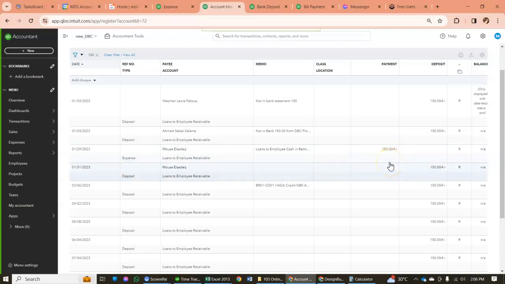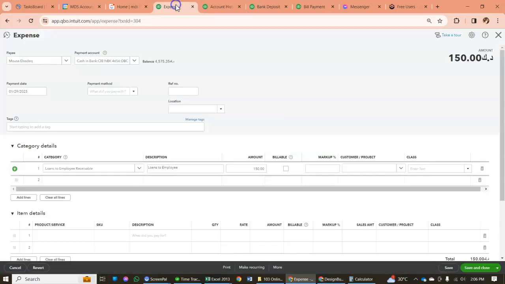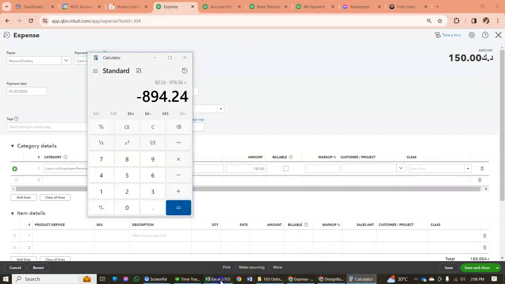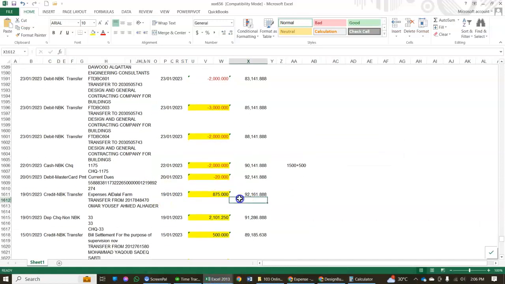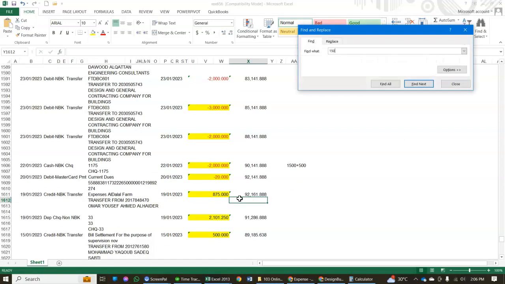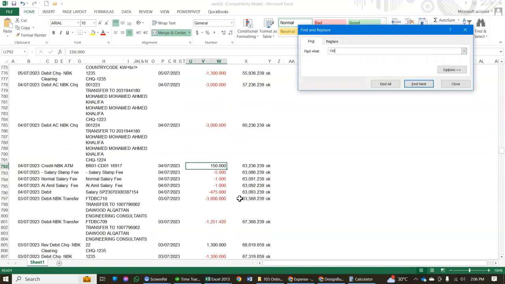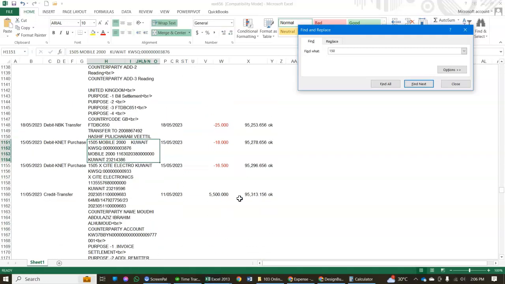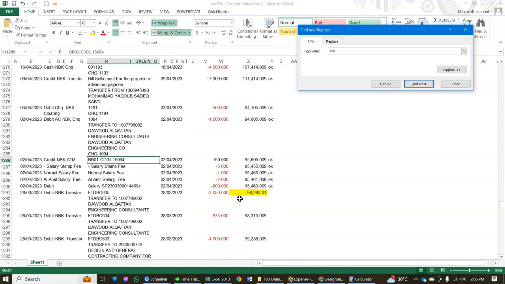Yes, there is a payment of 150 and it's reconciled. So I think this is from somewhere. There's another 150. So I think maybe this is reconciled with the other account, with other transactions. We have 150. There is always a 150 in here.